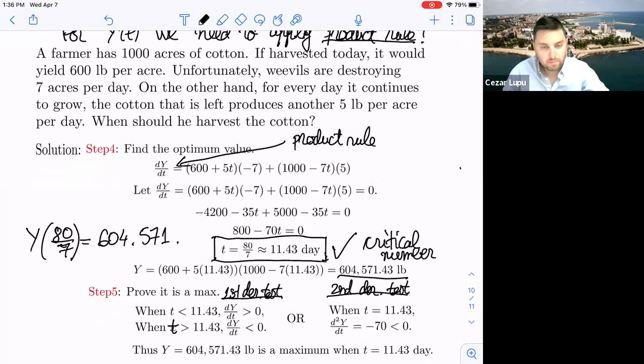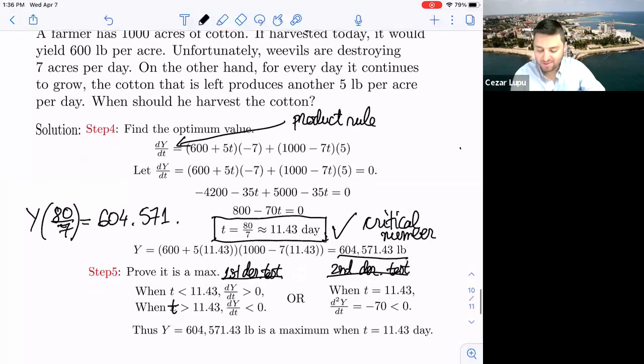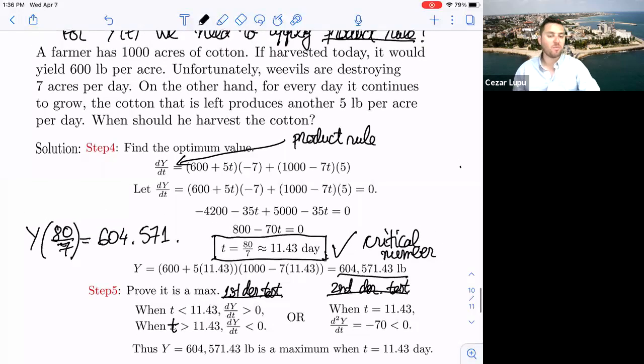So in other words, we can say that y is a maximum, 604.571. It's a maximum, and it will be obtained at the 11.43rd day. Yeah. So this is how you deal with this kind of problems.